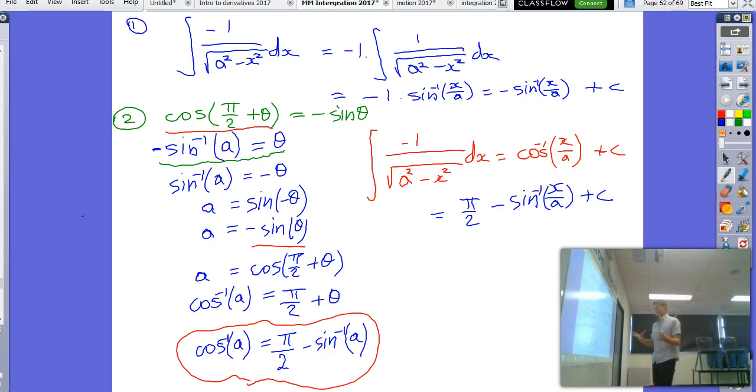Now, what's important to make the connection here is that we've introduced this pi on 2 into the result of our integral. But this pi on 2 is a constant, just like the plus c is a constant. And so a funny behavior that the CAS does is it tends to lump the constants together, okay, and then it completely omits the constants from its expression.